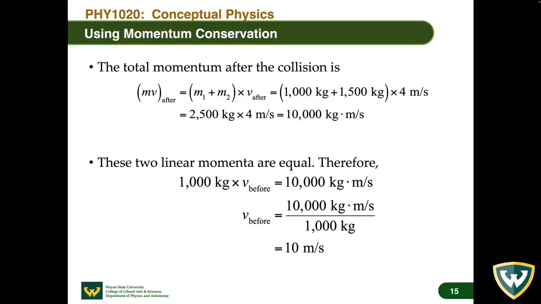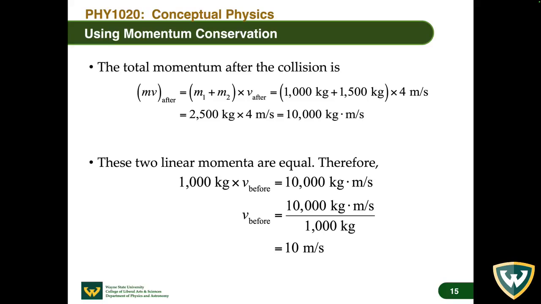So M1 is 1,000 kilograms, M2 is 1,500, so that's 2,500 kilograms times V after, and we're told that V after is 4 meters per second. So 2,500 kilograms times 4 meters per second is 10,000 kilogram meters per second. That's the momentum after.